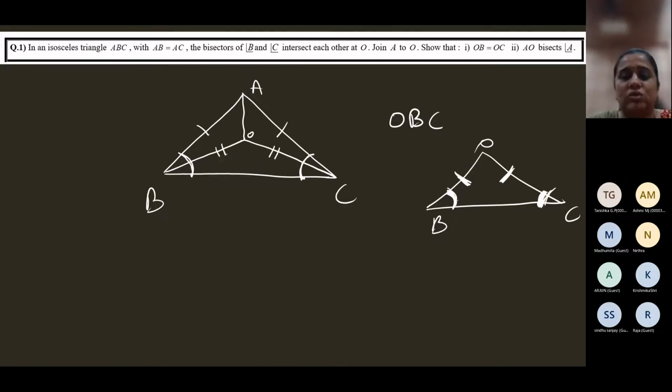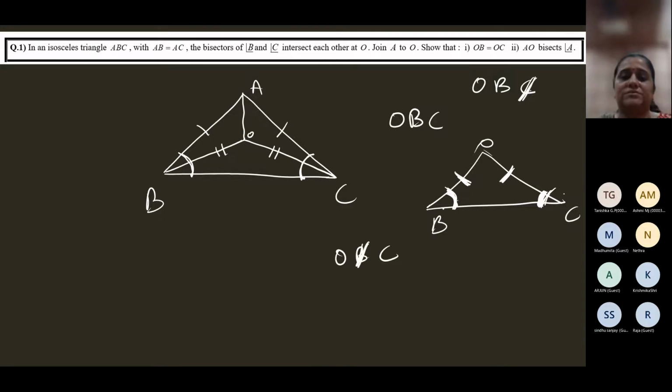See, if it is angle C, leave that letter C. In triangle OBC, OB is the opposite side. Angle B, in triangle OBC, so OC is the opposite side.